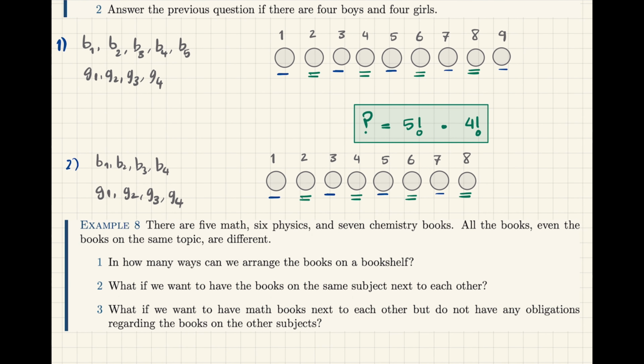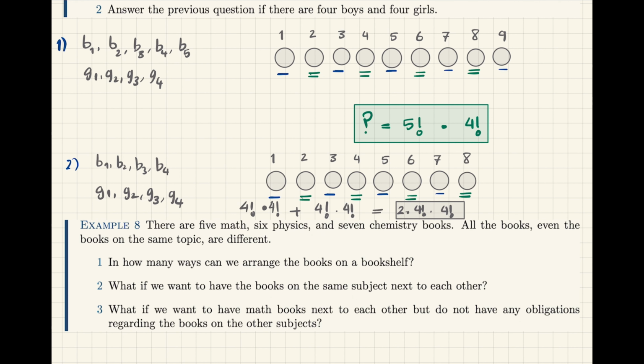I can either fill up the odd positions with boys, so it would be 4 factorial, and the 4 even positions with girls, so it becomes 4 factorial times 4 factorial, or the other way around, 4 factorial for girls in the odd positions and 4 factorial for the boys in even positions. So the answer to this part would be 2 times 4 factorial times 4 factorial. So that would be the answer here. Okay?